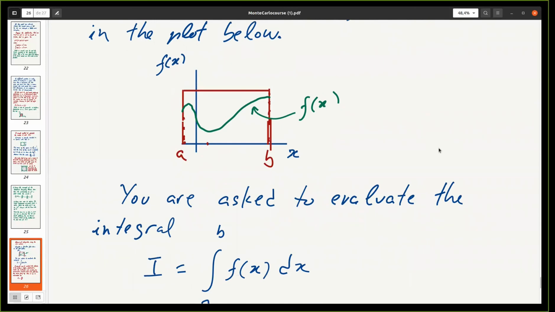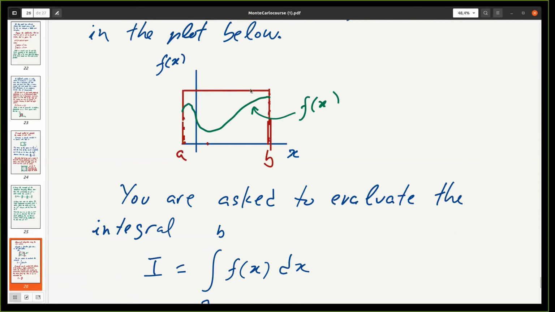So what you can do, based on the method that you used to evaluate the number pi, is the following. You just draw a rectangle around the function, like this.